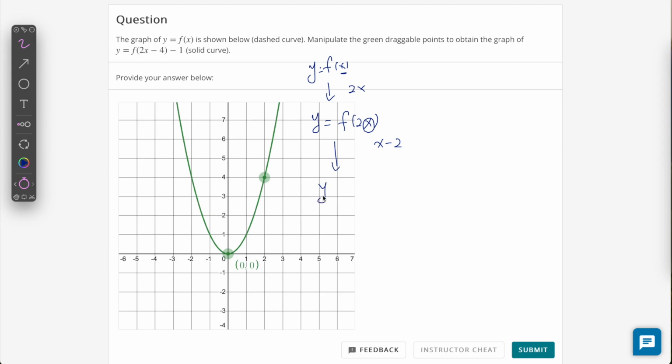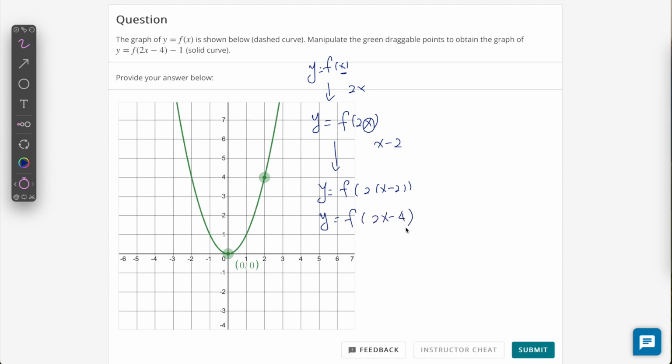Some of you may be thinking, why don't I do minus 4? Because notice that the factor 2 is multiplied with this x. So if I do minus 4, then I'm going to get 2x minus 8 instead of minus 4. If I replace it with x minus 2, then I will get f of 2x minus 4 after the expansion.